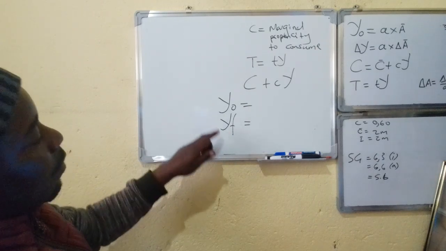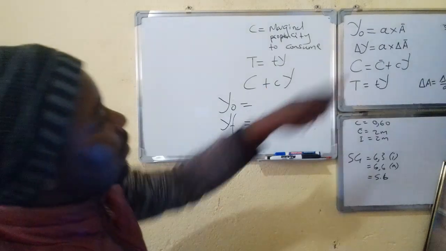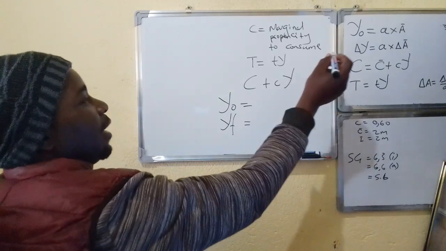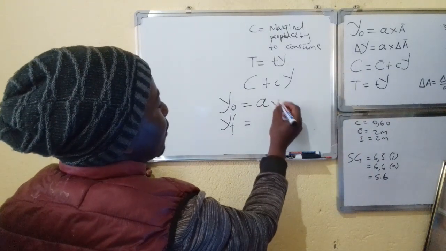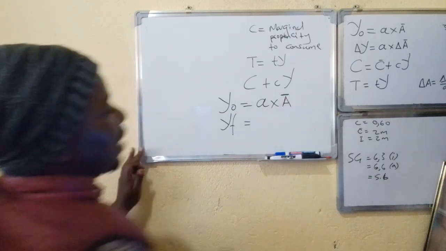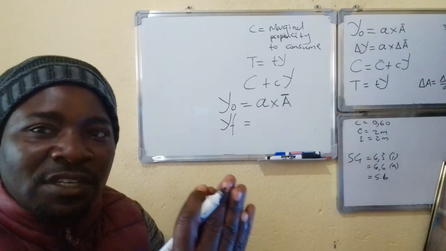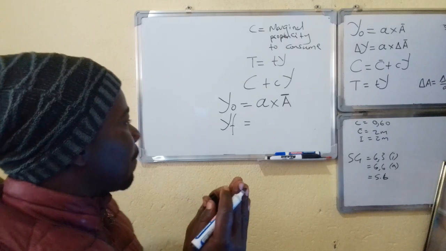Equation-wise, the equilibrium level of income equals the multiplier times autonomous expenditure. That is aggregate expenditure, but only the autonomous portion, the one that does not depend on the level of income.